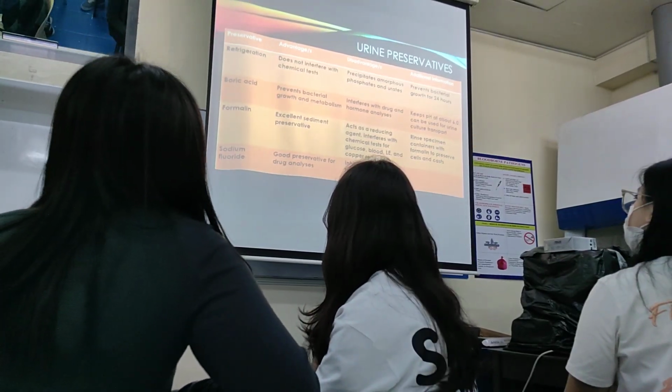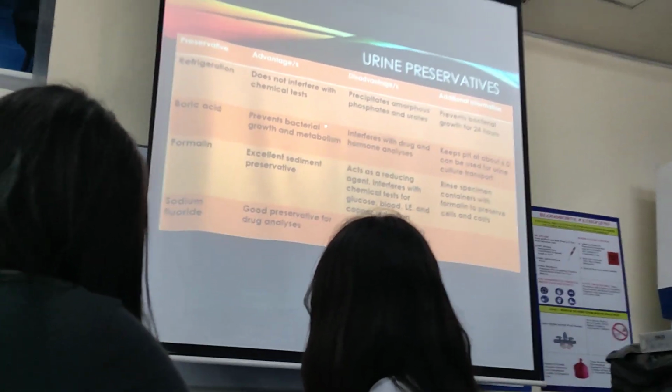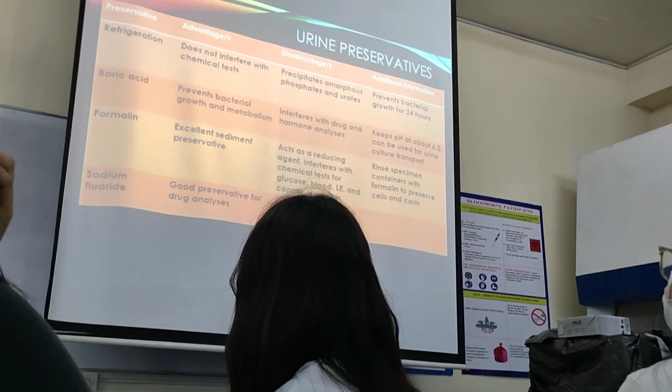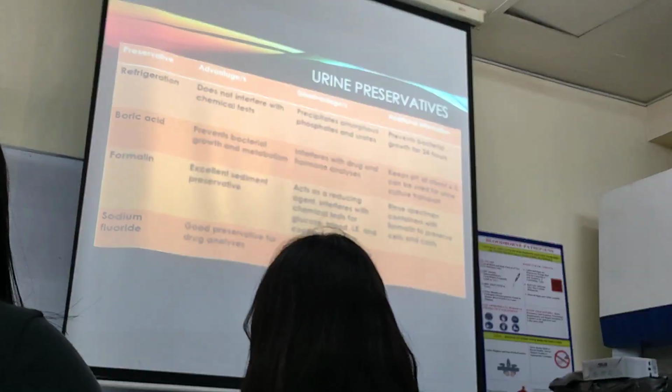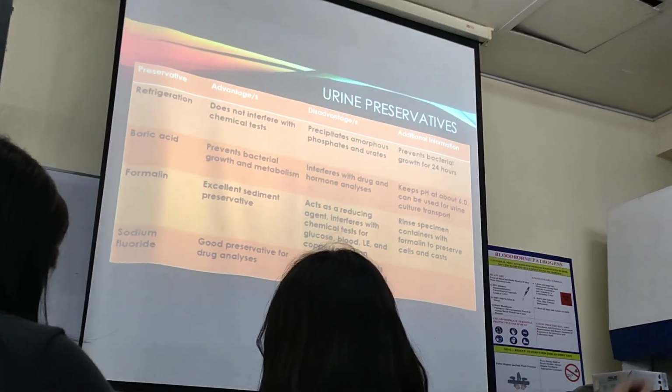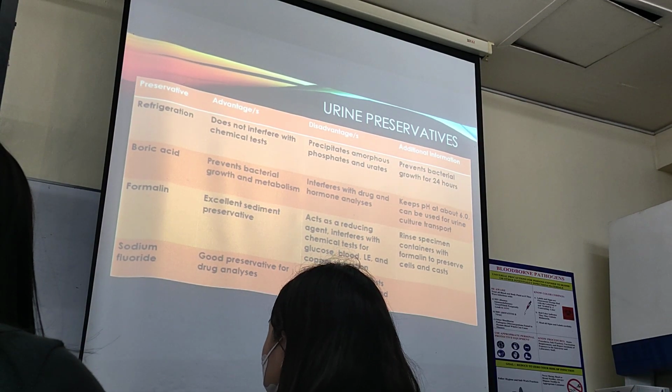Next, your formalin. So this is a very excellent sediment preservative. Kaya excellent preservative siya because it will preserve the red blood cells, WBCs, proteins, and casts. That's why formalin is the preservative of choice if you're going to perform what type of testing?